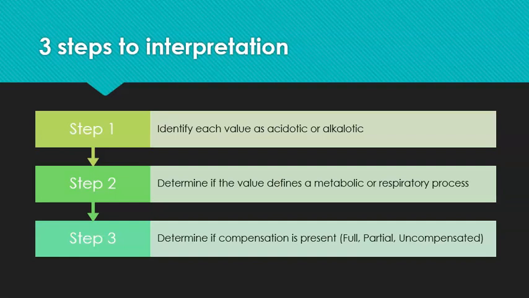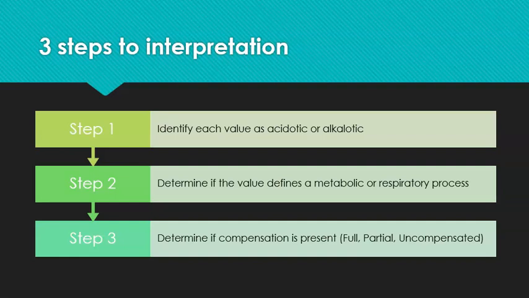Then we determine if that value defines a metabolic or a respiratory process, depending on which side your pH level falls, whichever corresponding value is also in that column. So if your pH is in the same column as your CO2, then it's a respiratory process. If your pH is in the same column as your bicarb, then it is a metabolic process.